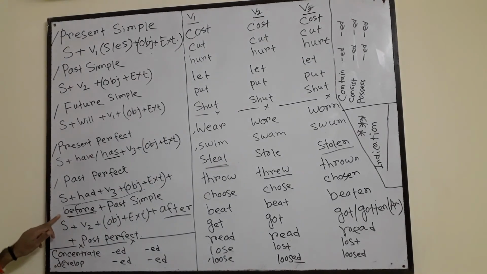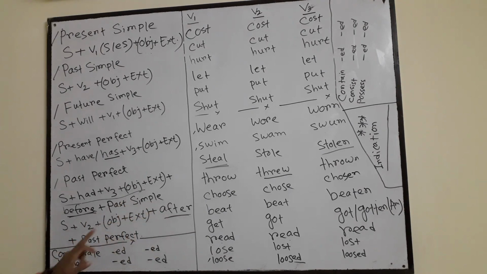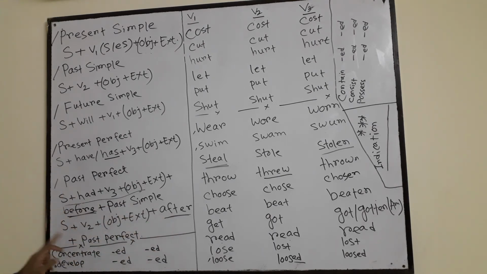See the first one. When you use before, the before part would be past perfect tense, and after the before part it will be past simple. Then if we use after, the after part would be past perfect, and the before part or the earlier part would be past simple tense.